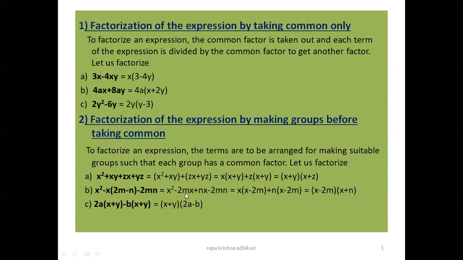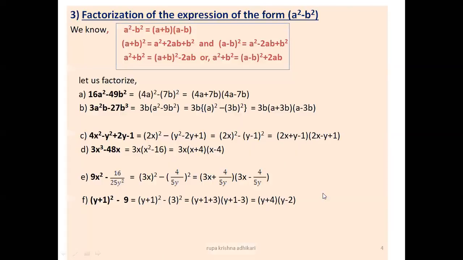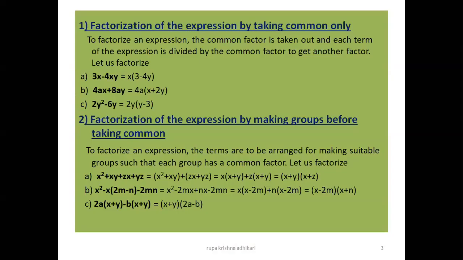So taking common, x square minus 2mx, x common, x minus 2m, plus n common, x minus 2m. So x minus 2m is the common factor. What is left? x plus n.